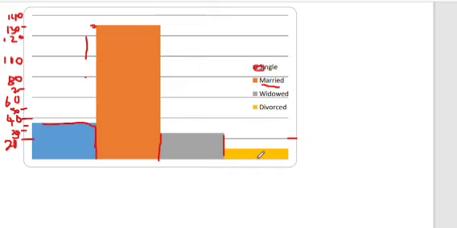So each of the lines is 20. Can you see that this point here is 20? Then I'll add a little bit of 5 to it. And for the divorced, it is 10. So the divorced will just be halfway through this. So that is how to draw a histogram.